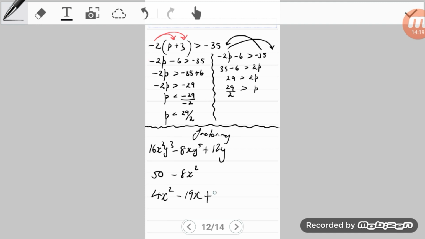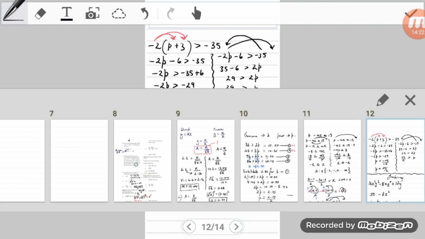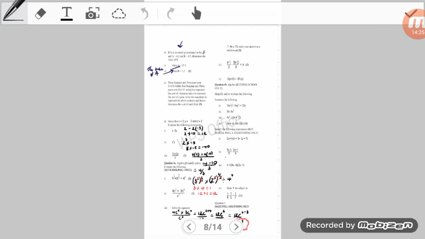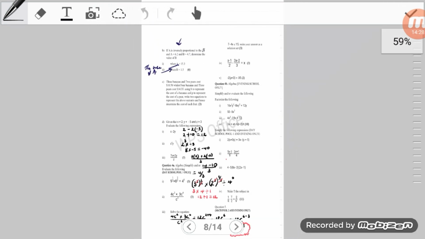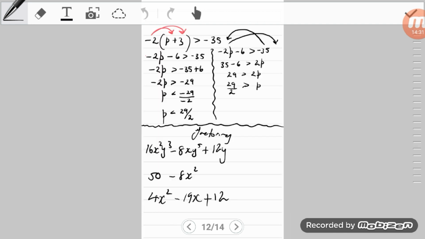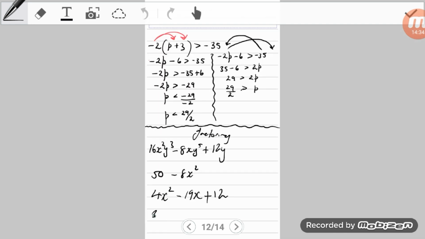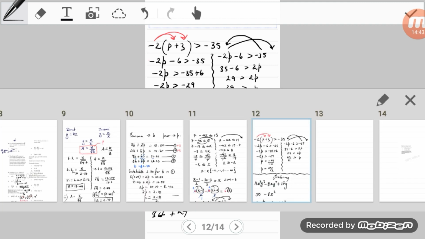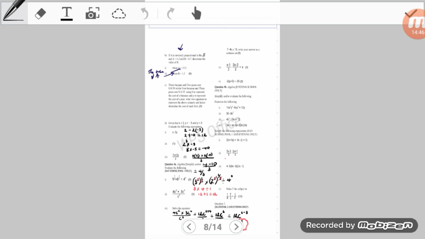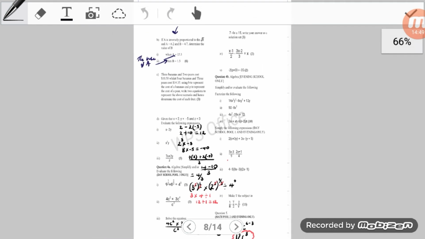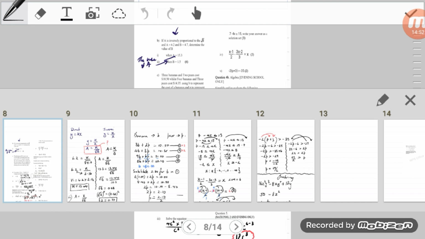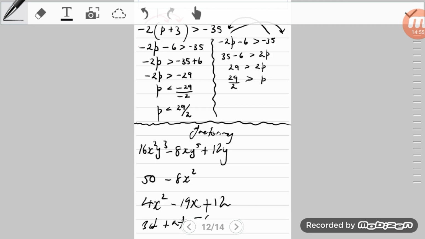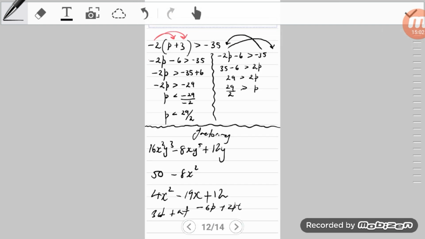And if I remember correctly, which I don't actually, the final question was 3a plus 80 minus 6p plus 2pt, I believe. So I'm a little bit closer to skipping the pages.